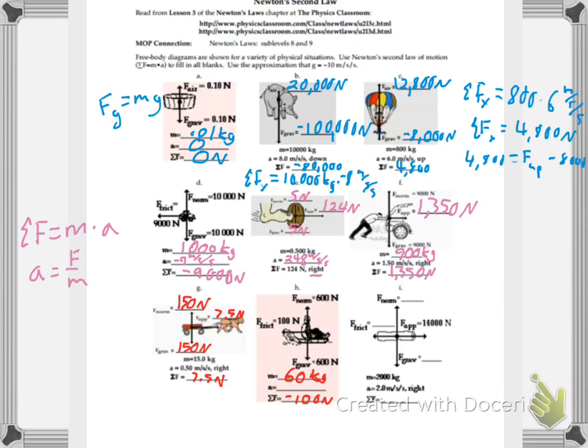So now we have a force and we have a mass, so we can take negative 100 newtons and divide that by 60 kilograms to find that the acceleration is negative 1.67 meters per second squared, and it is to the left.